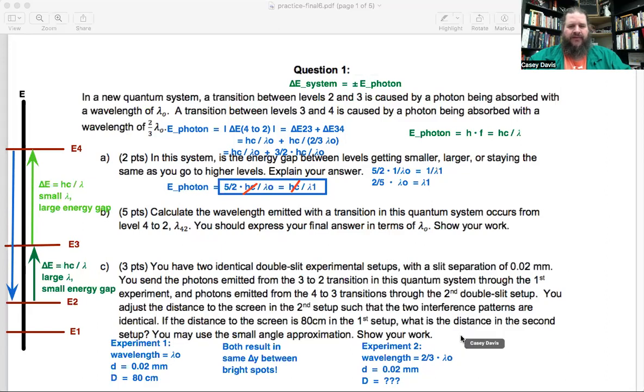So we have different wavelengths, same distance between slits, but different distance to the screen that's supposed to result in the same delta Y between bright spots. And you have an equation you could use that relates delta Y to all these other variables. What equation would tie all those together?